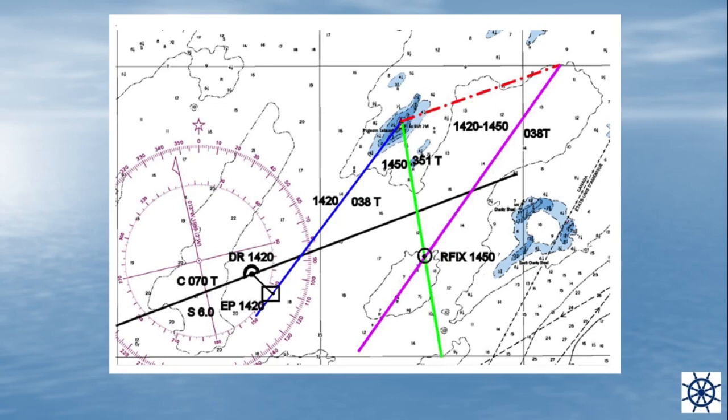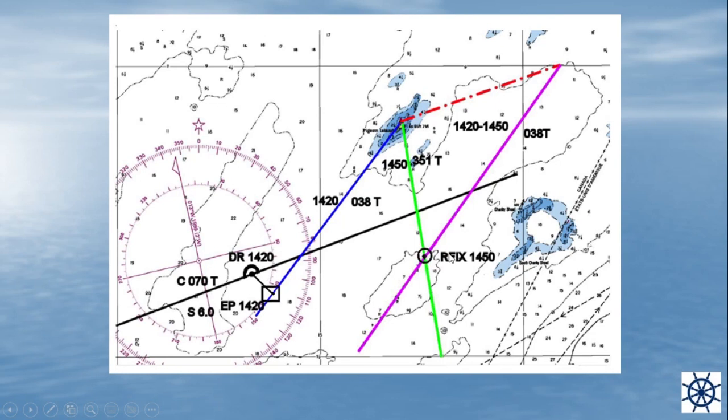Now, in order to take the running fix position, you have to transfer your first line of position towards the direction of your course. Then, draw a line from the tip of the parallel of the reference point towards the second bearing.